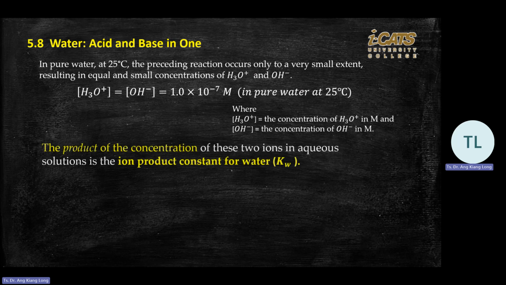Now we start with the first equation. To calculate the ion product constant for water, you need to calculate Kw. Kw is given by taking the concentration of acid and the concentration of alkali and multiplying the two values.